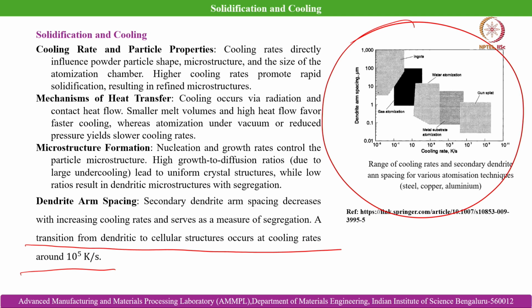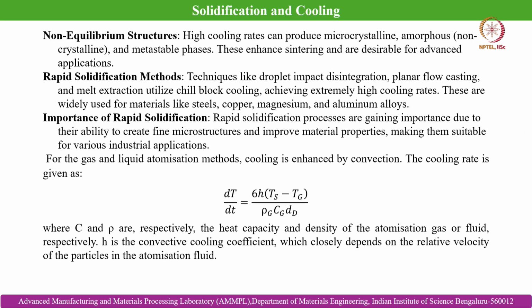So of course we can achieve improved sintering densification and improved mechanical properties in the powders developed via the water atomization route compared to what we can get in case of gas atomized powders.